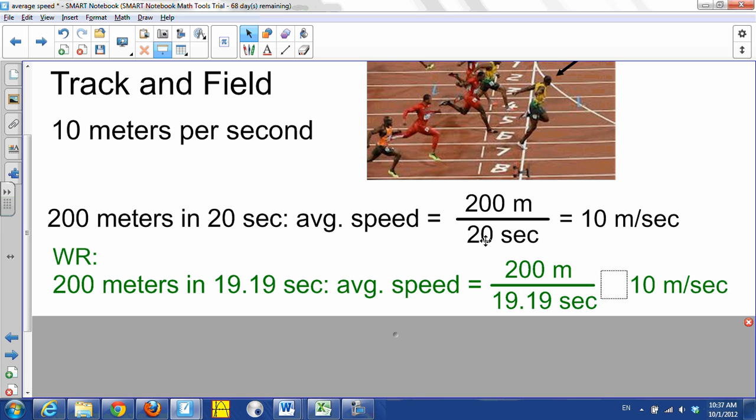Well, if it takes 20 seconds to travel 200 meters, you're traveling 10 meters per second. It only took him 19.19 seconds, not 20. It took him less time to cover the same distance. Hopefully, it's obvious that he had to be traveling faster than 10 meters per second on average to cover the same distance in less time.